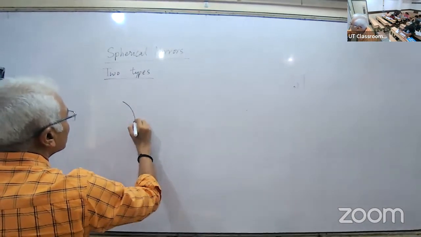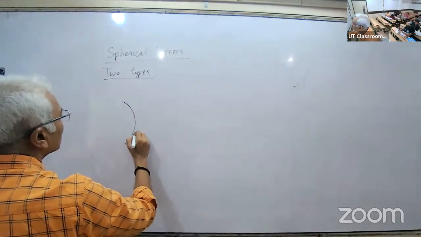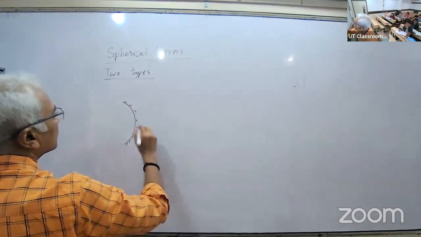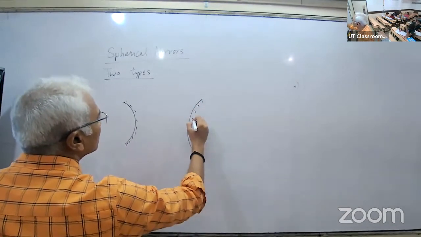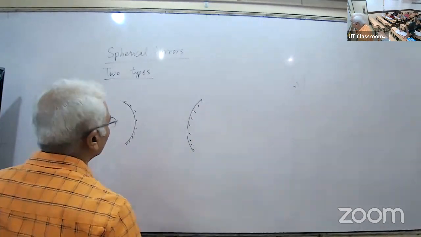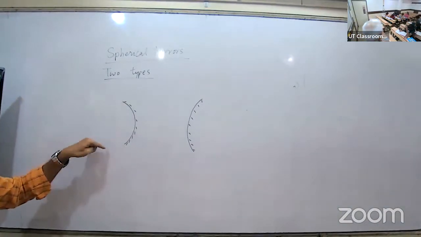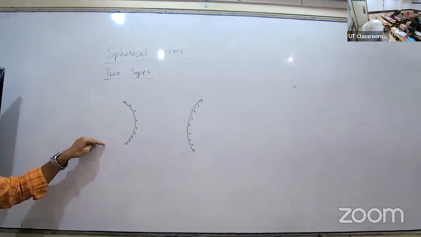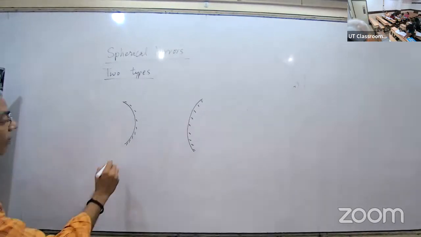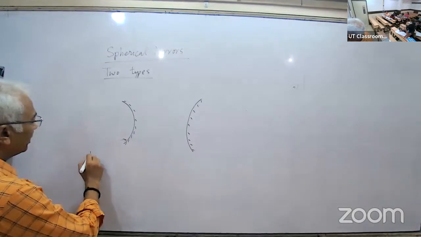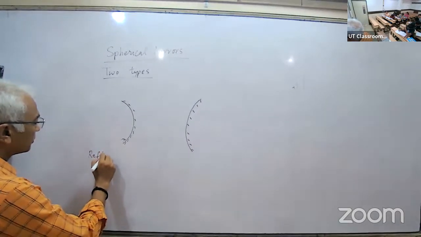You have a mirror like this, and a mirror like this. So one is curved inwards, right? So the reflecting surface is curved inward.